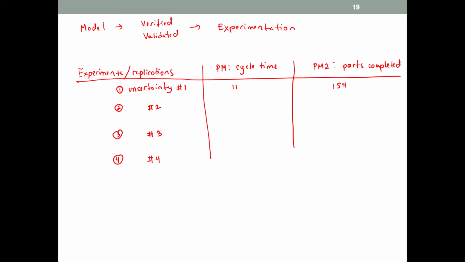And then you run your second experiment, and this is automatic with Arena. You tell it I want to run 10 replications, and it will run them automatically. So let's say this one is 20, and then this is 101, this one is 15, and this is 122, and this one is 14, and this is 130. So each replication is giving you a different value for parts completed and cycle time.